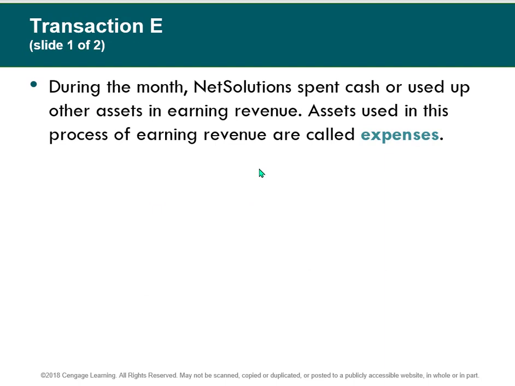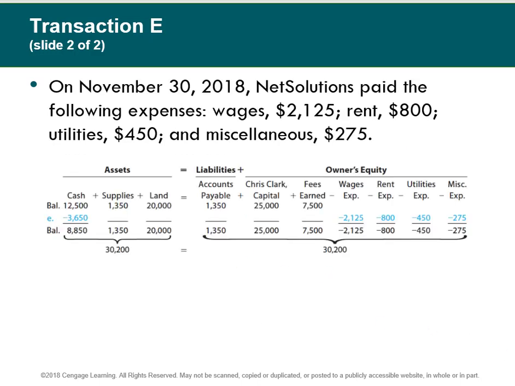So during the month, Net Solutions spent cash or used up other assets in the process of earning revenue, and these are called expenses. So now they're going to pay the following expenses. They've got wages of $21.25, rent of $8,000, utilities $450, and then miscellaneous $275. So you can see all the expenses in here as minuses.